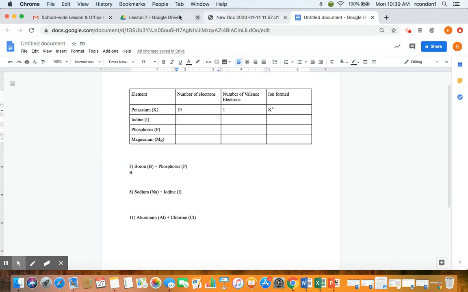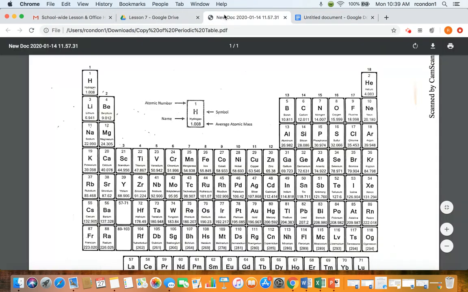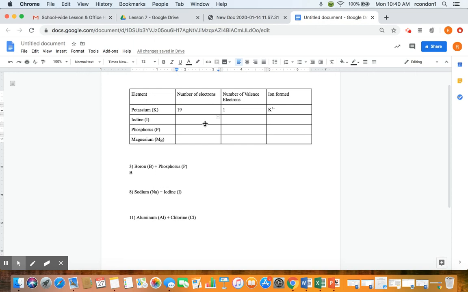Iodine. So we are going to find iodine on our periodic table. It's over here. It's a halogen, so it's going to be 53 electrons, but 7, because it's in this row, 7 valence electrons. All right? So 53 total electrons. 7 valence electrons, and because it's much easier to take in an electron than get rid of its 7 valence electrons, remember it wants 8.